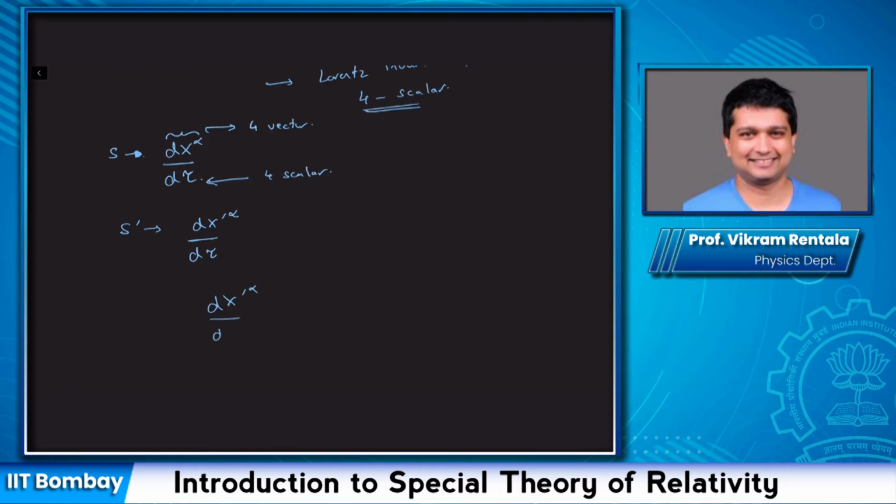This quantity, I can denote it as d tau prime, but d tau prime is the same as d tau.